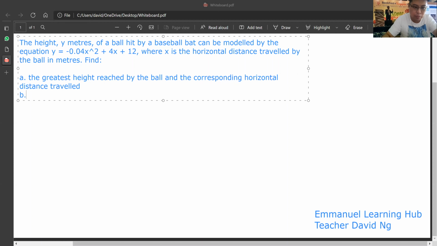B, the horizontal distance traveled before the ball hits the ground.